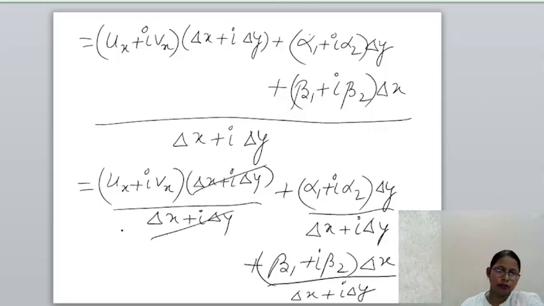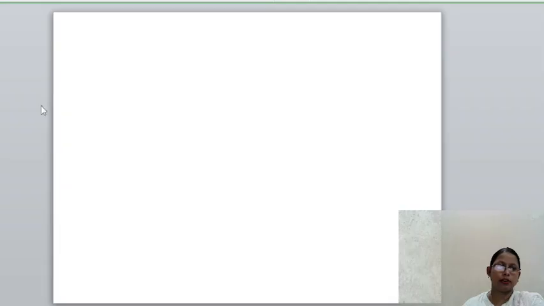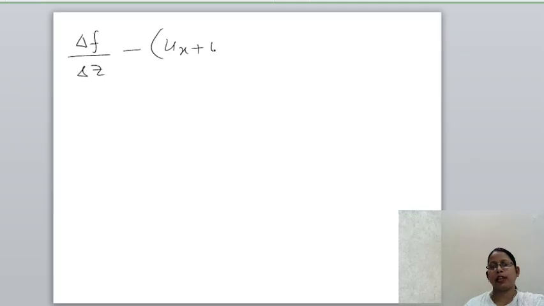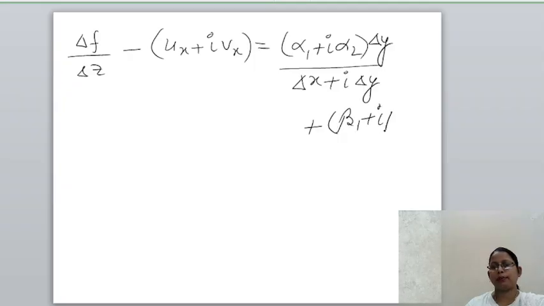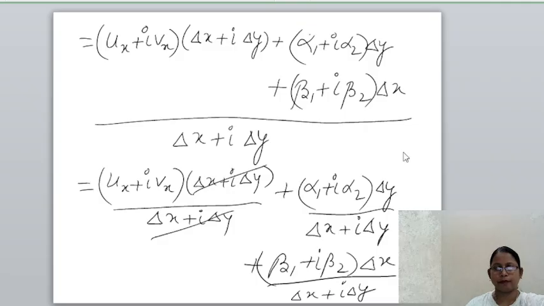This cancels out. We will be left with ux plus i vx. If I take it to the right hand side, then it will be delta f by delta z minus ux plus i vx is equal to alpha 1 plus i alpha 2 delta y by delta x plus i delta y plus beta 1 plus i beta 2 delta x by delta x plus i delta y.